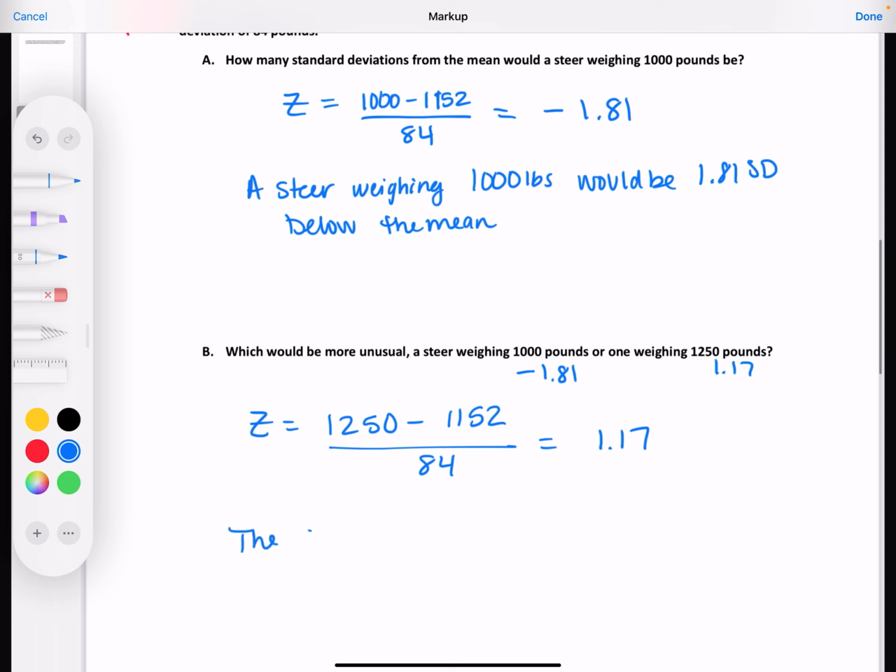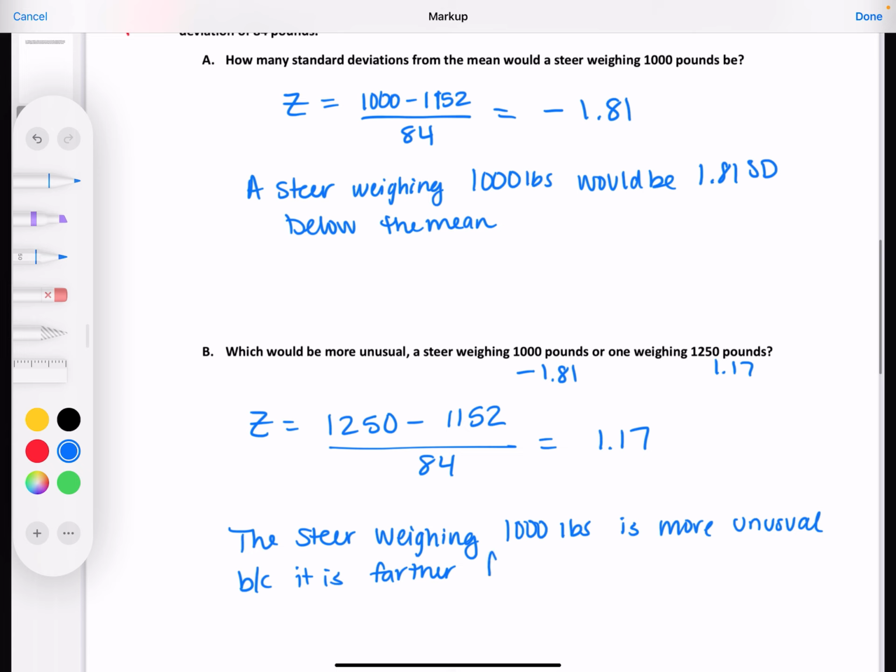So the steer weighing 1,000 pounds is more unusual because it is farther from the mean than the steer weighing 1,250 pounds.